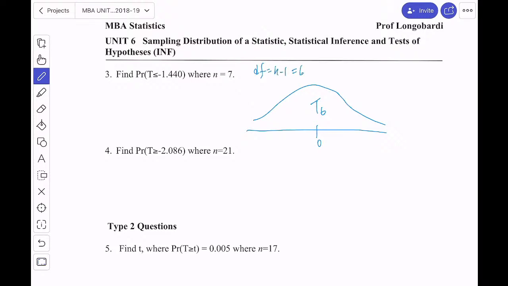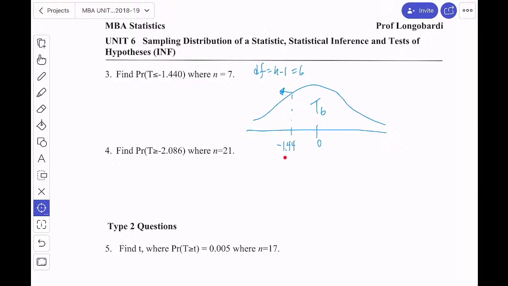So that's T6, and I want negative 1.44. So let's mark it. Negative 1.44, and I want to go this way. So this is, again, area under the curve to the left of this number.